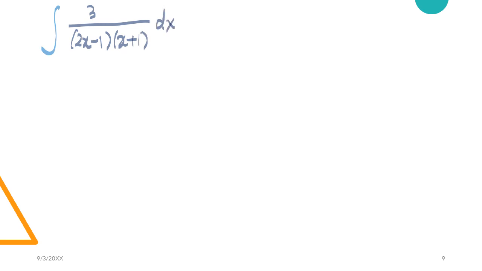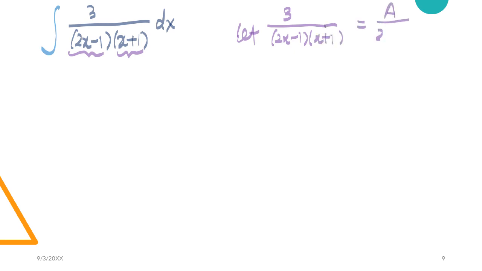So the first step is that we need to express our algebraic fractions into partial fractions. So if you look at the denominator, they are both linear. So we're going to let 3 over 2x minus 1, x plus 1 equal a over 2x minus 1 plus b over x plus 1.